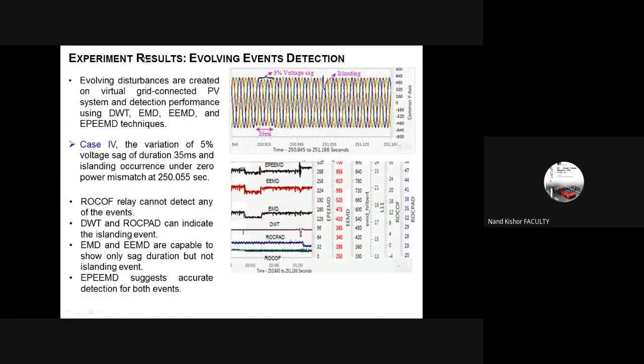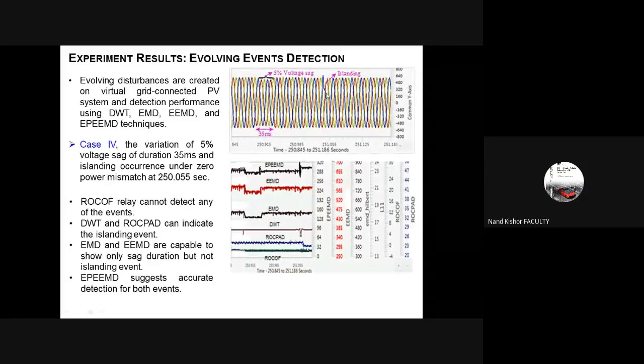Next, we had some experimental study, and you can see that this is the voltage profile. We have the sag here, and then after a few cycles, we have a sag of 35 millisecond, right? Then after a few cycles, you have an island here.